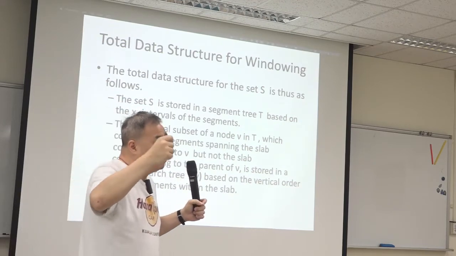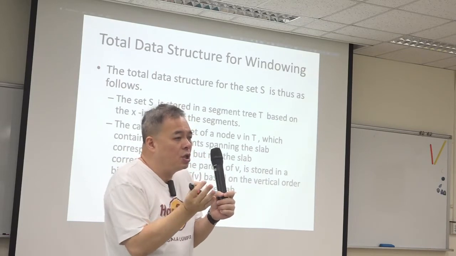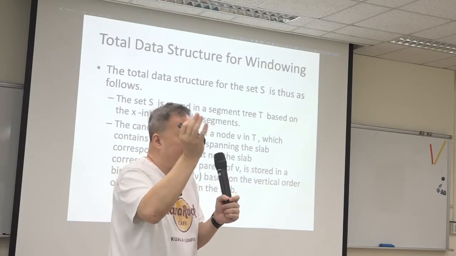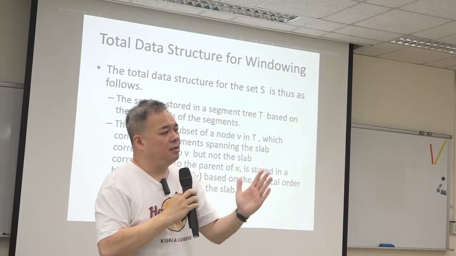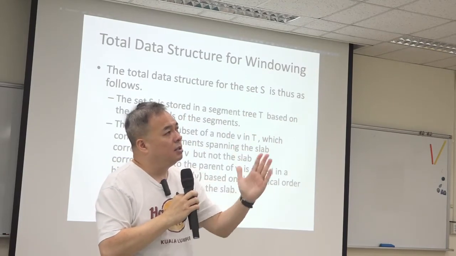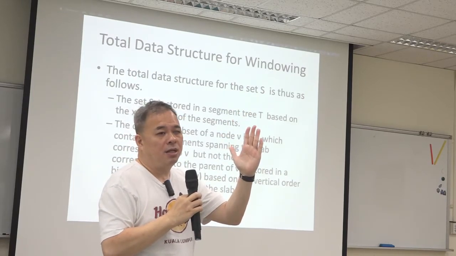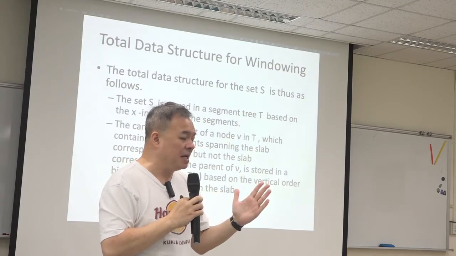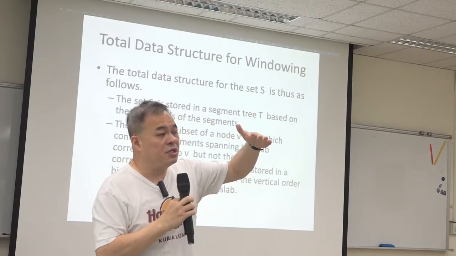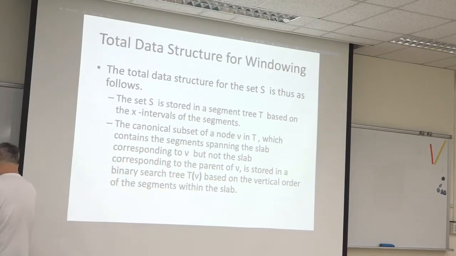As I said, one way to verify that is that the segment must intersect at least one of the two boundaries of the window. So no matter how you draw the window.